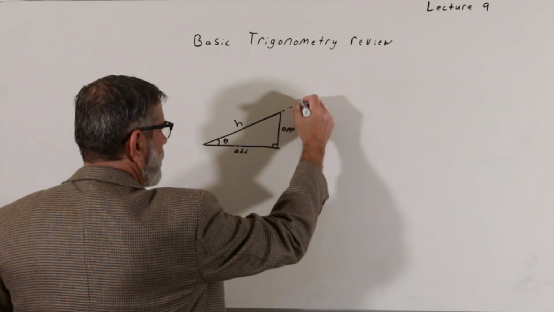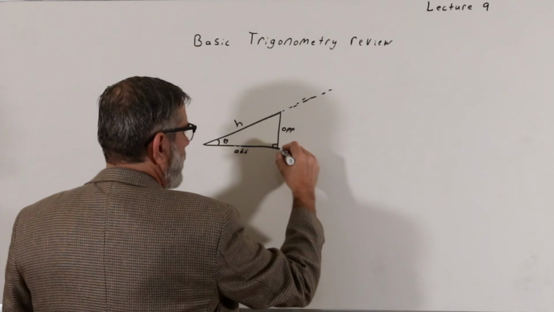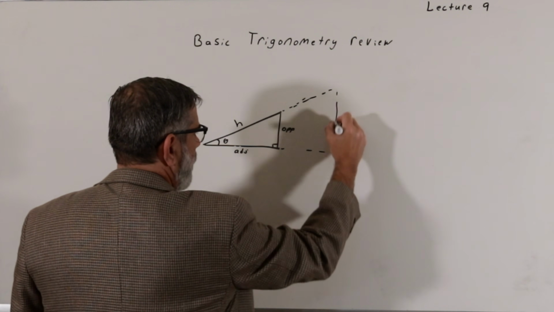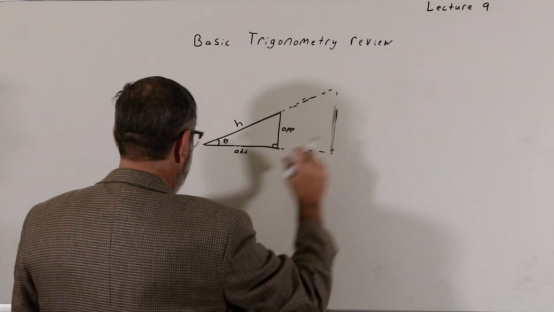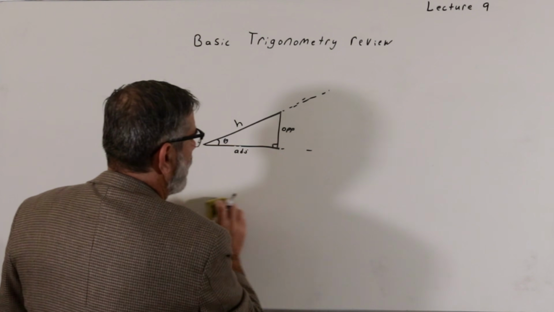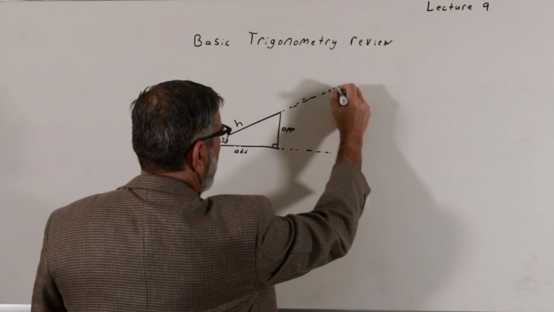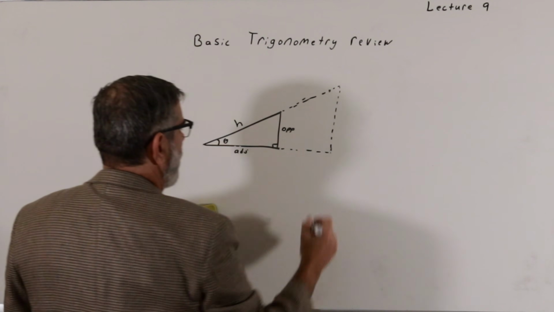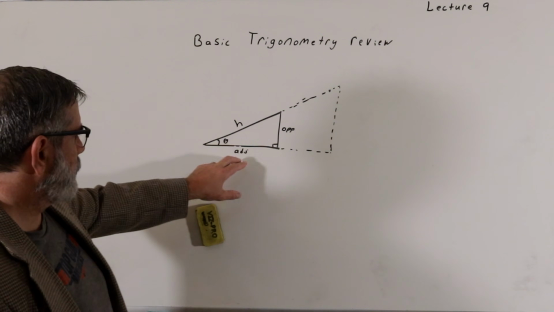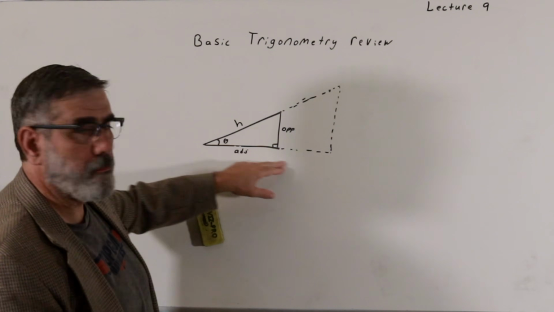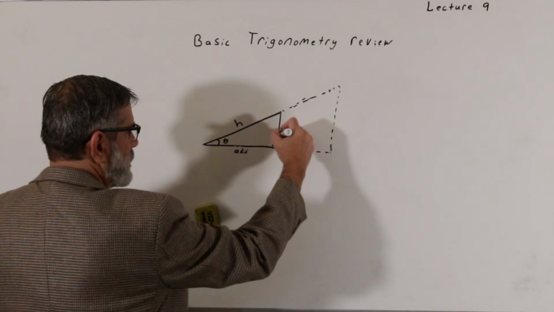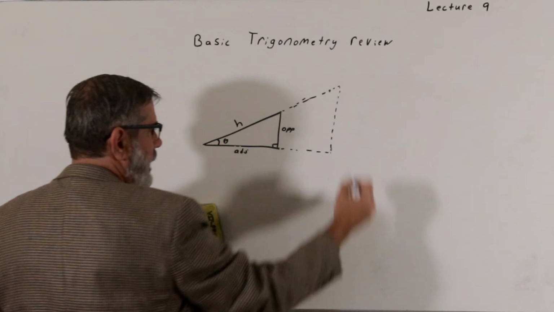So if I were to extend this out just a bit, that's a terrible line there, so I can fix that. Like so. If this was originally 3, then this new side length would be 6. If this was originally 4, then this new side length would be 8.